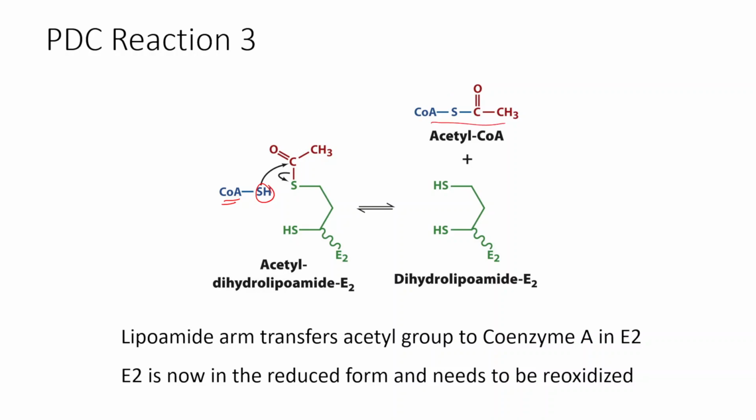And the lipoamide from the E2 has been released. But now the lipoamide arm has these 2 reduced sulfurs instead of what it was originally, which was that oxidized disulfide bond. So now we've created acetyl-CoA, which is one of the products of our reaction, but in the process now we have our reduced dihydrolipoamide, which has to be reoxidized back to its original state so that the PDC complex can be reset to its original state.